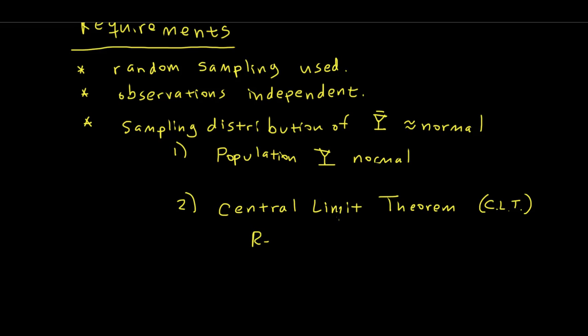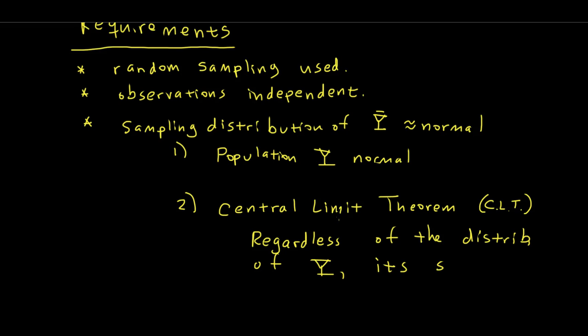So, to abbreviate that a little bit, regardless of the distribution of Y, its sampling distribution will be approximately normal for sufficiently large sample sizes.